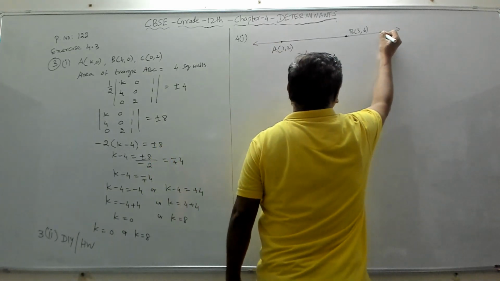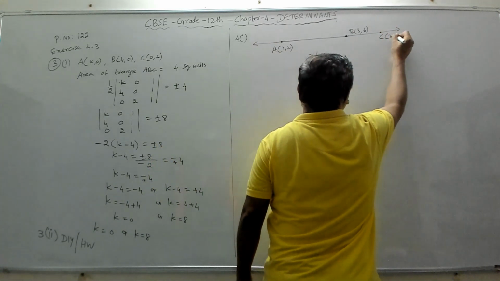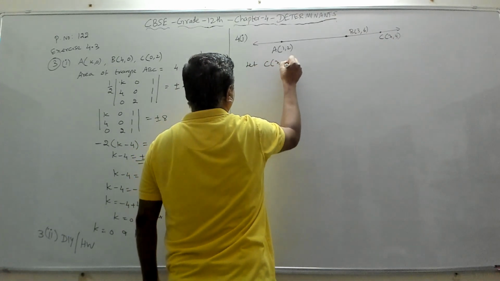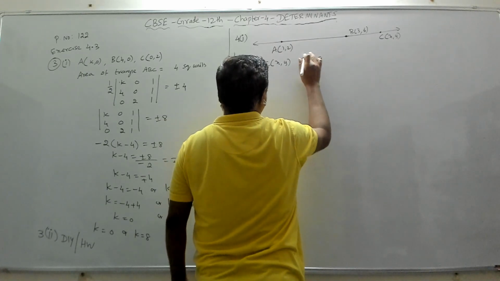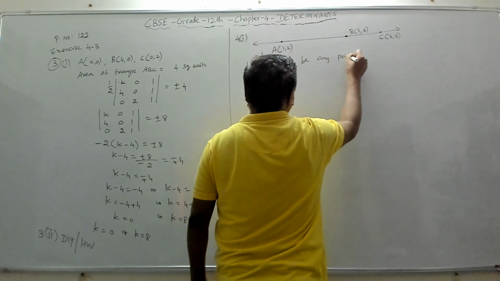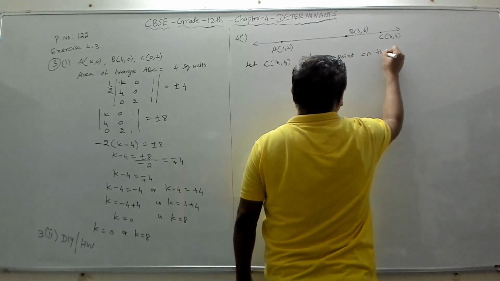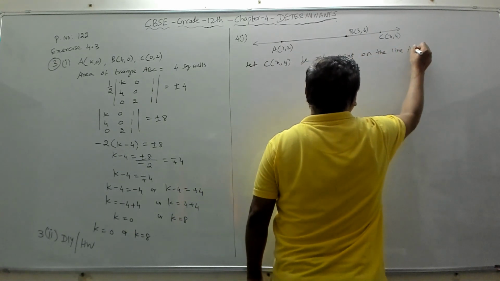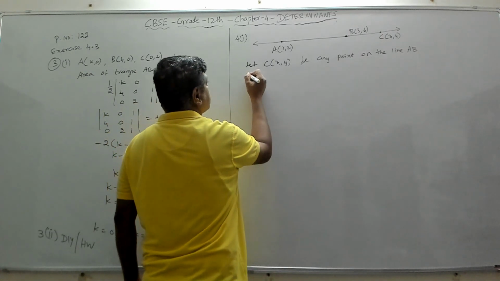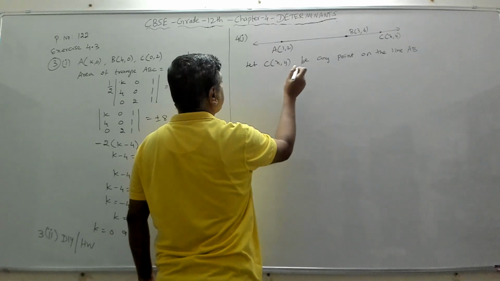So I can take a point C of x, y, be any point on the line. So we'll say let C of x, y be any point on the line AB, right? Now C be any point on the line AB.